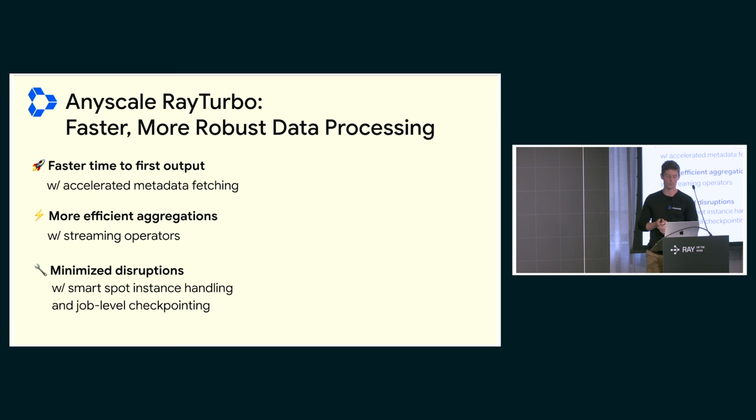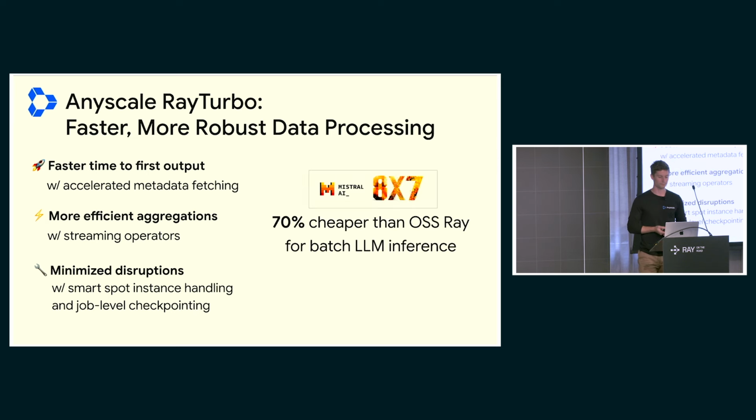And finally, RayTurbo has some intelligent spot instance handling and job level checkpointing, which means if you lose the cluster for any reason, if the head node goes down or all of the spot instances get preempted, then it will be able to recover from where it left off and not have any wasted compute.